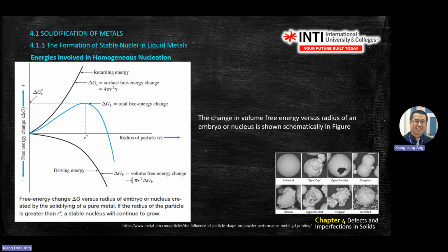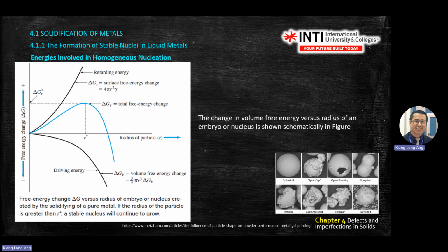So the first curve here is your driving energy. It's given by 3/4 pi r cubed delta G_V. What is the volume equation? 4/3 or 3/4? 4/3.